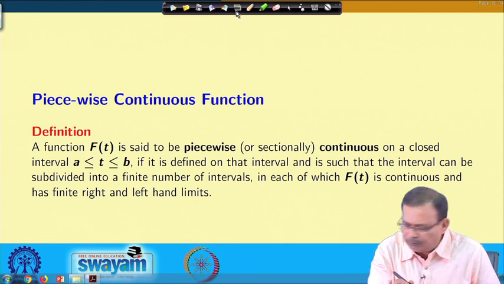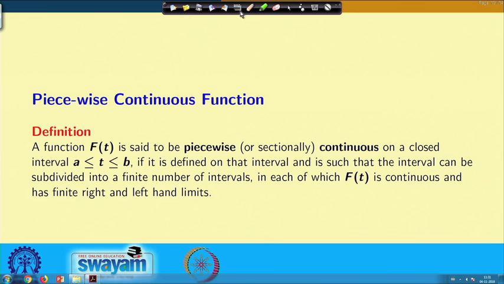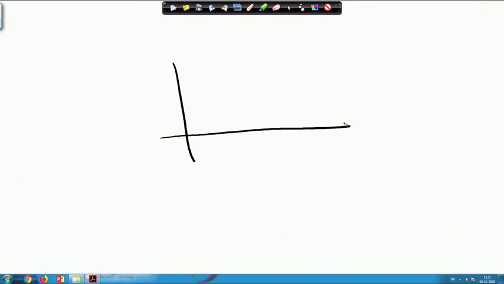Say for this one, this is your t axis, this is your 0. On this side you are defining any function y equals f(x). Your entire domain may be from here to here, a is here, b is here. From a to b1 the function behaves like this.